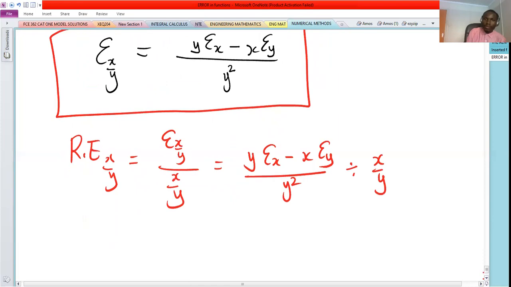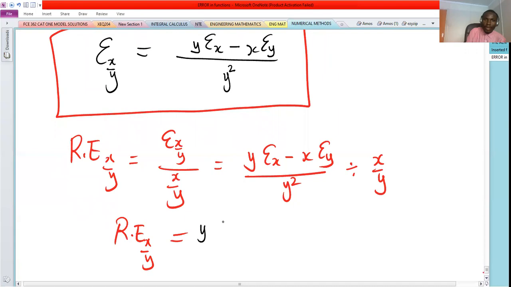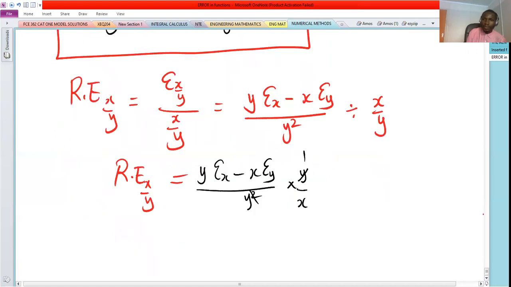So which will give us relative error in the quotient x over y equals y error in x minus x error in y over y squared times the reciprocal of this, which is y over x. So y cancels with this.